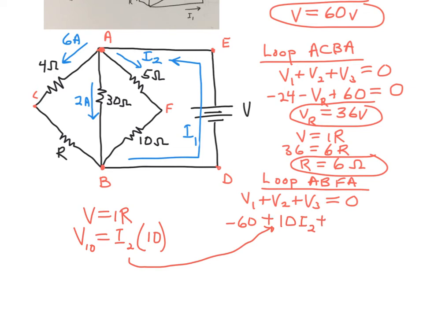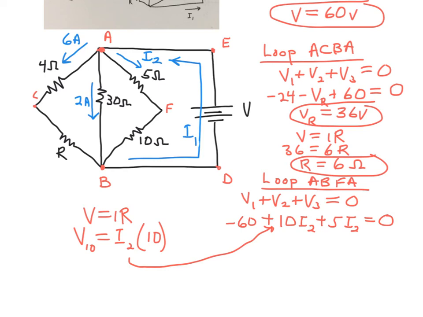I'm going against the current flow, which is coming down from A to F to B. So it's going to be plus 10 I sub 2 plus 5 I sub 2. That's what the voltage is if you use this expression for Ohm's law for the 10 ohm and the 5 ohm resistors. Well, bottom line, it's an equation with one unknown.